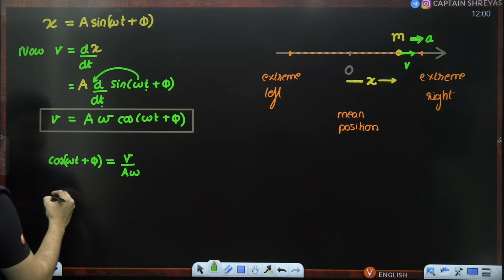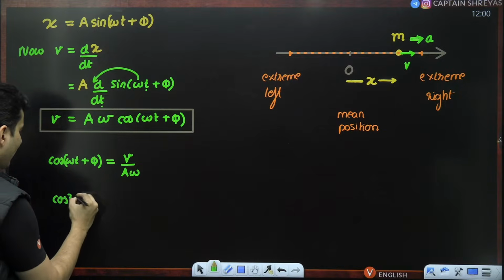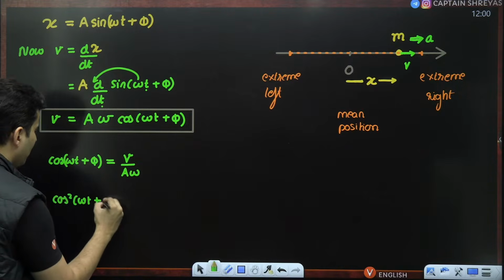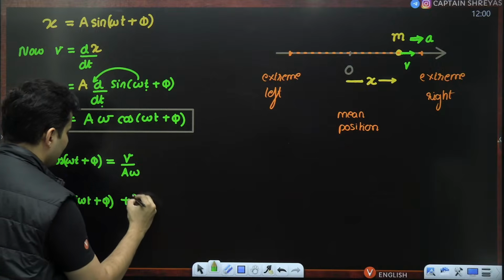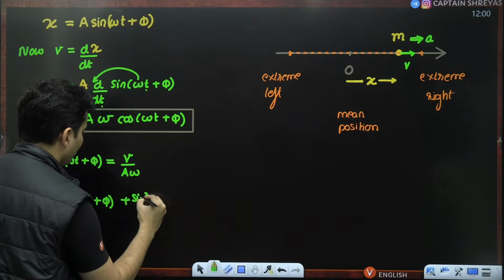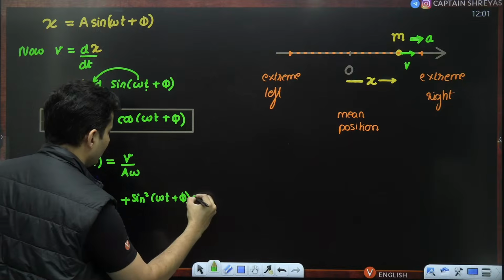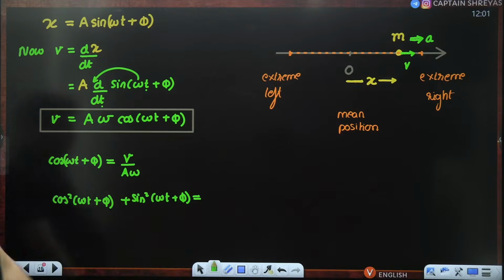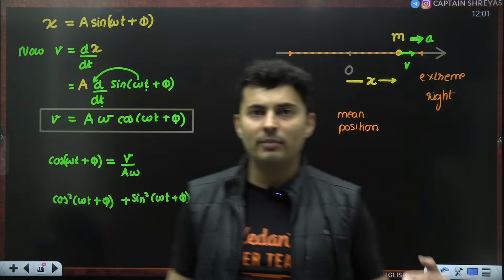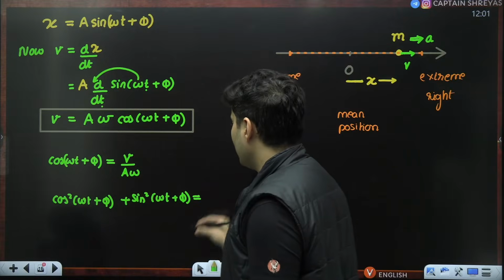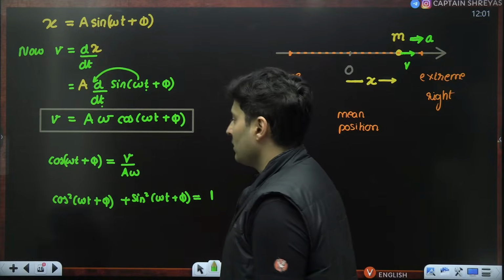Now, how about writing cos square of omega t plus phi plus sine square of omega t plus phi? What do you think the answer to this will be? Cos square plus sine square is a standard trigonometric identity. Cos and sine squared being added, the answer is always 1.